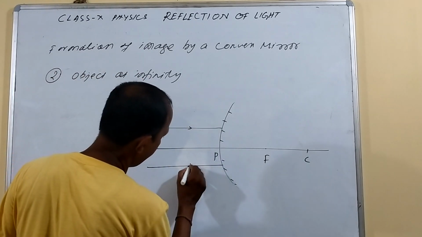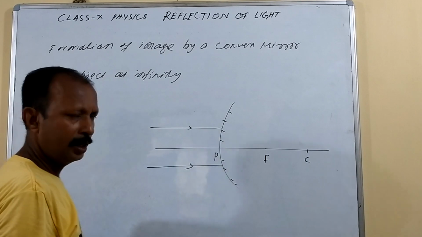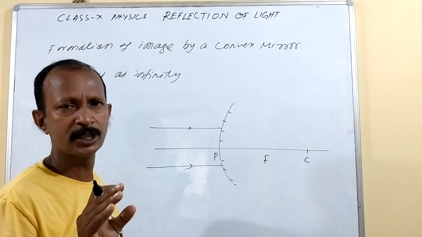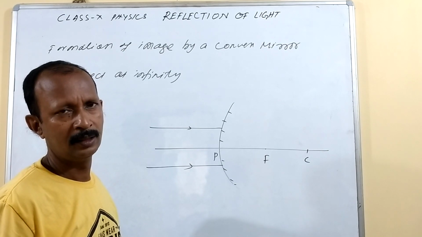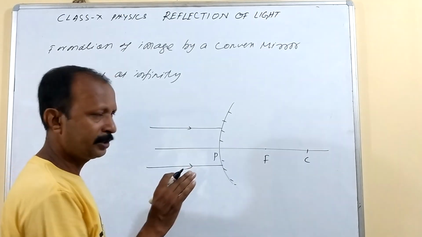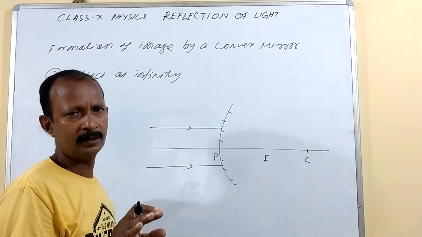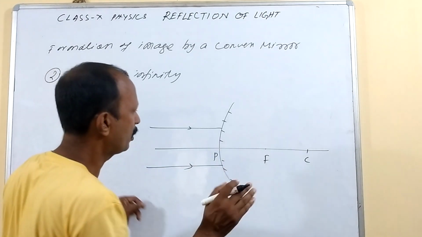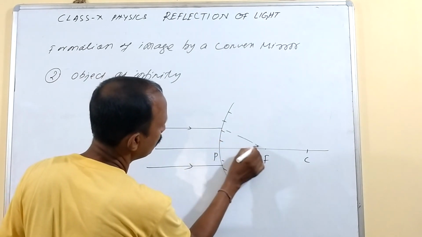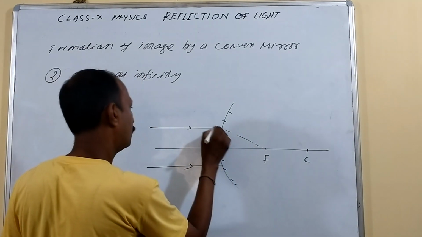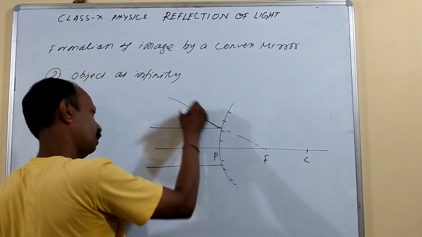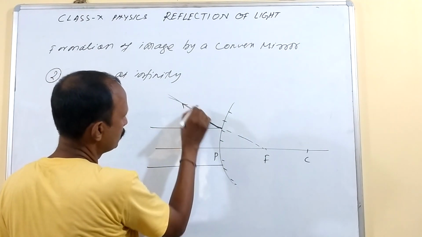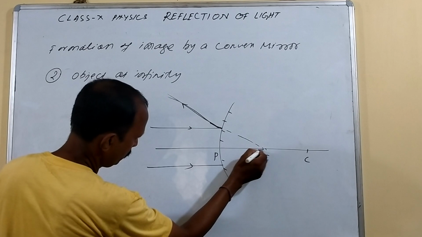One more light ray I am taking parallel. Already we know that if a light ray comes parallel to the principal axis, after reflection by a convex mirror, it goes back. It appears to be coming from the focus. This is the case.